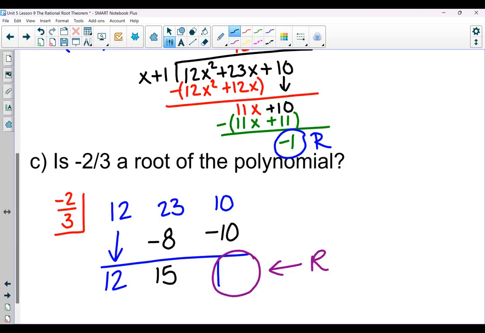Place that here. And we add straight down. 10 plus -10 is 0, which is great news, telling us that -2/3 would be a root of the polynomial. This is just an introduction to synthetic division. We will talk about this process more in class and in future lessons.